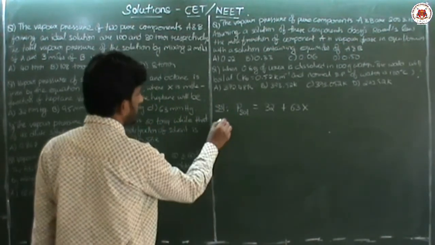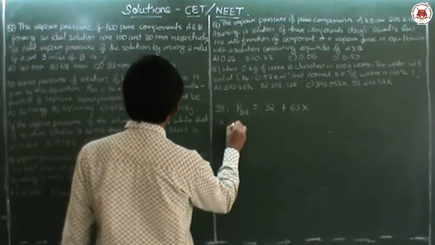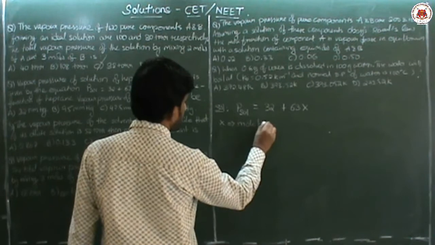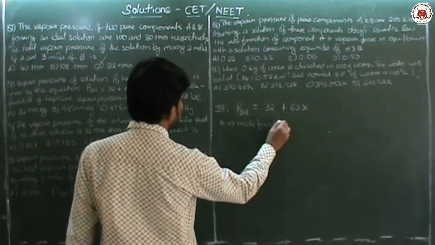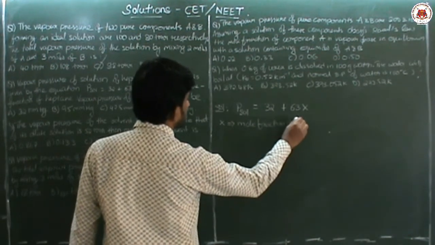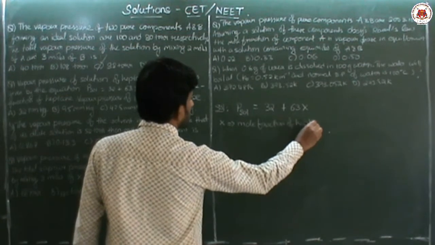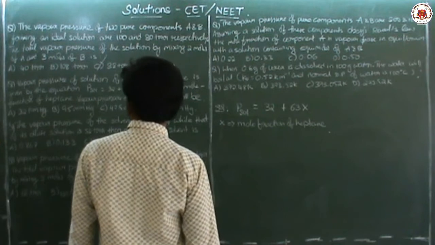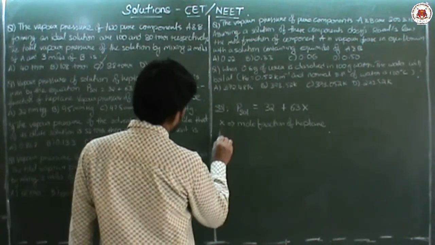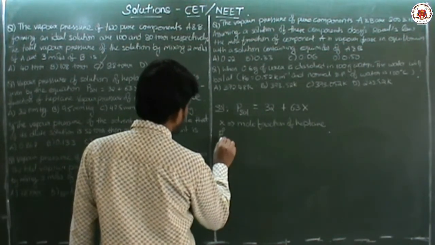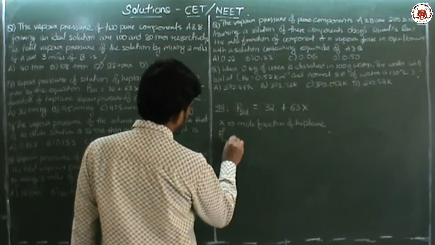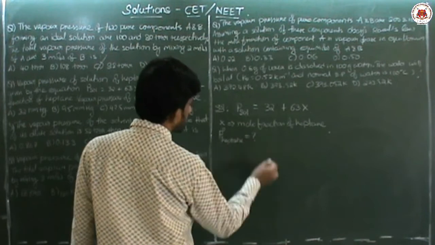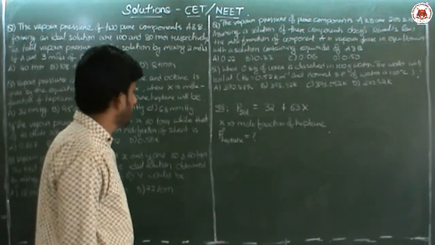They are saying that x is the mole fraction of heptane. And the vapor pressure of pure heptane they want. The vapor pressure of pure heptane is how much? That is the question.